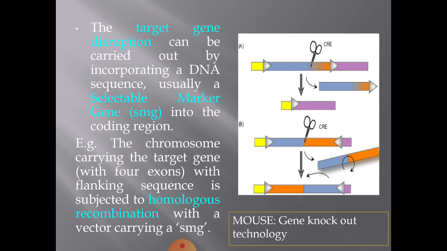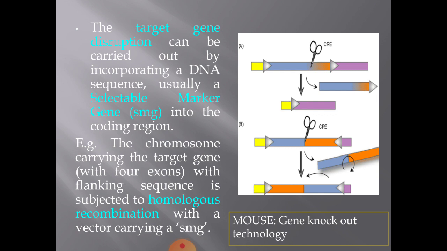The homologous recombination results in gene knockout. That is, in the place of the exons, the selectable marker gene goes and sits as shown in the diagram. So as a result, there is disruption of the target gene.